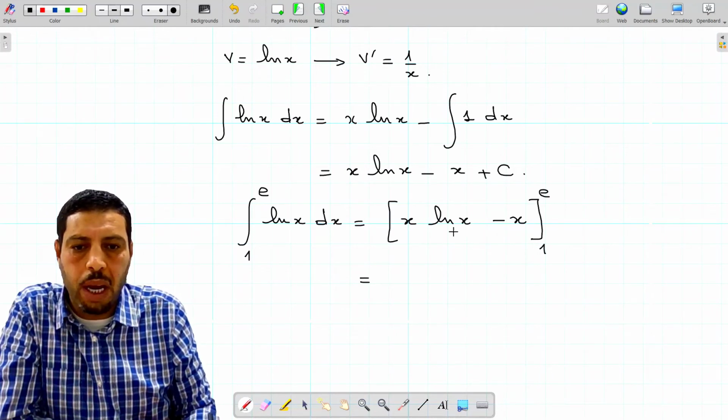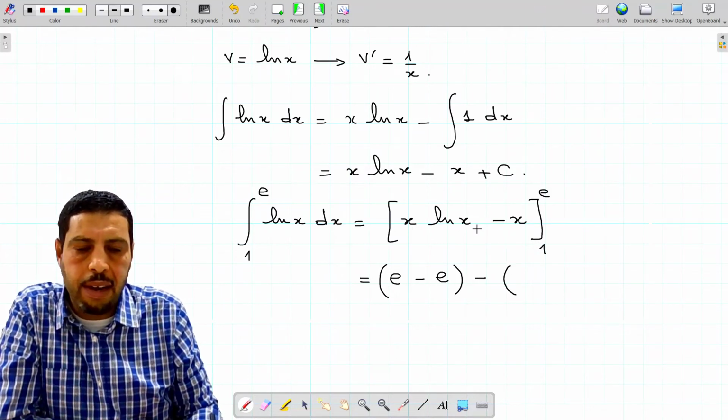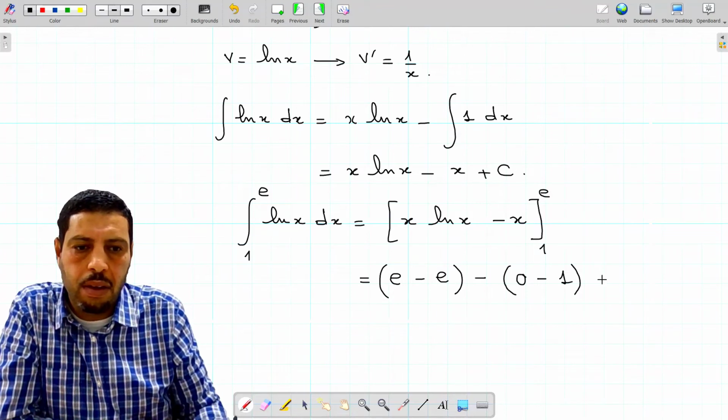It means e times 1. So it's e minus e, which gives 0 at e. At 1, it gives 1 times ln of 1. It means 1 times 0, which is 0, minus 1. Okay? So at the end, you're going to obtain minus 1 at 1, so the result is 1.